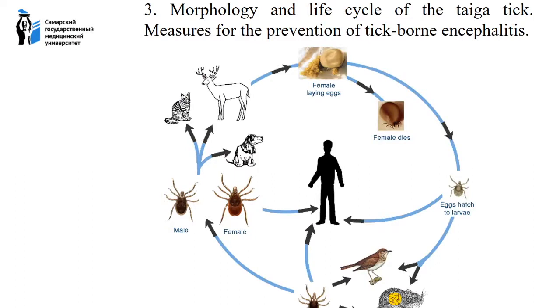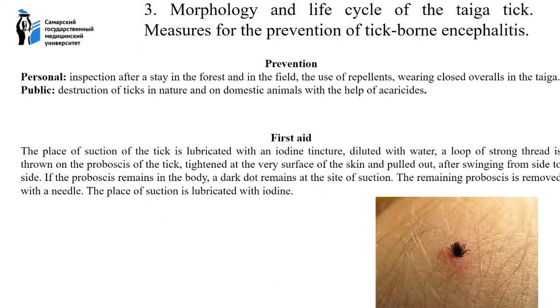This slide shows the life cycle of the tiger tick in a scheme. Personal prevention consists of inspection after a stay in the forest and in the field, the use of repellents, wearing closed overalls in the taiga.